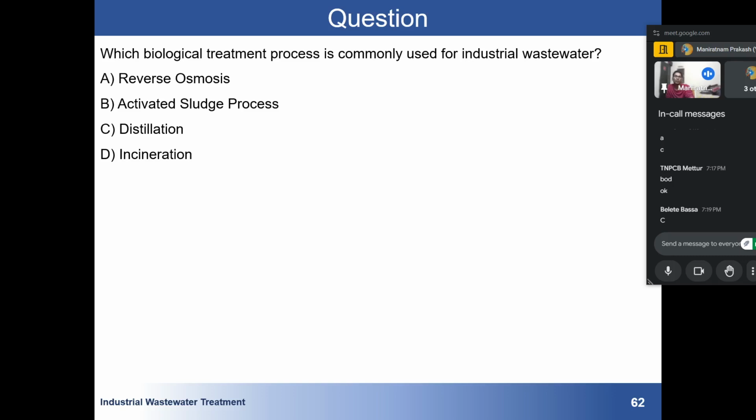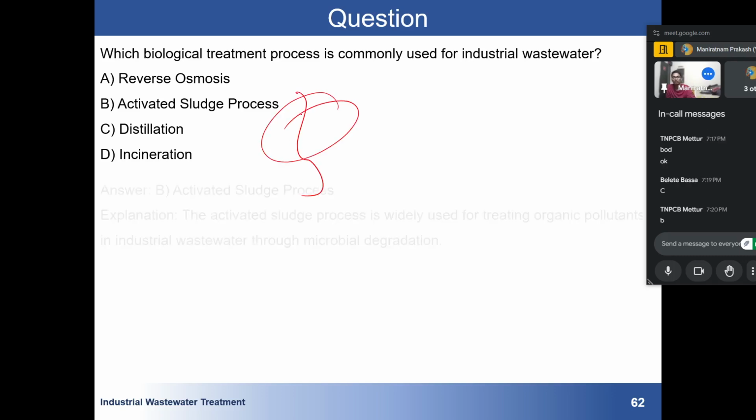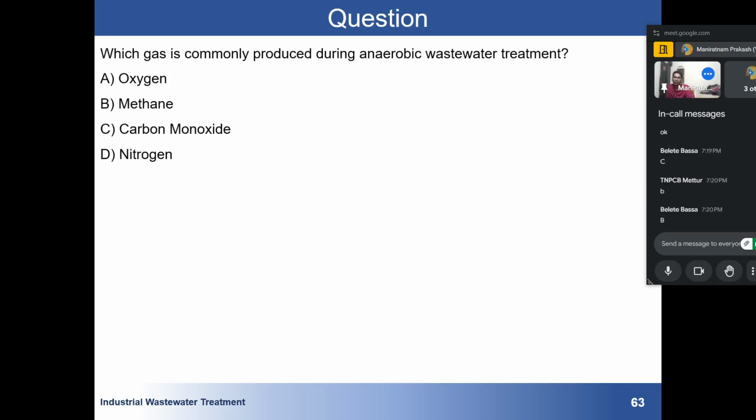Which biological treatment process is commonly used for industrial wastewater? Out of these, only one is a biological treatment. So B. Which gas is commonly produced during anaerobic wastewater treatment? Again, a very easy question.